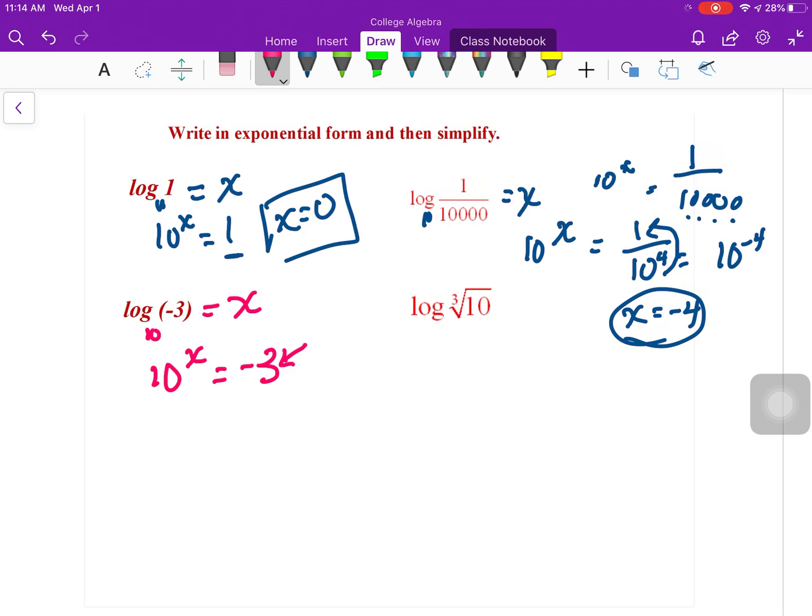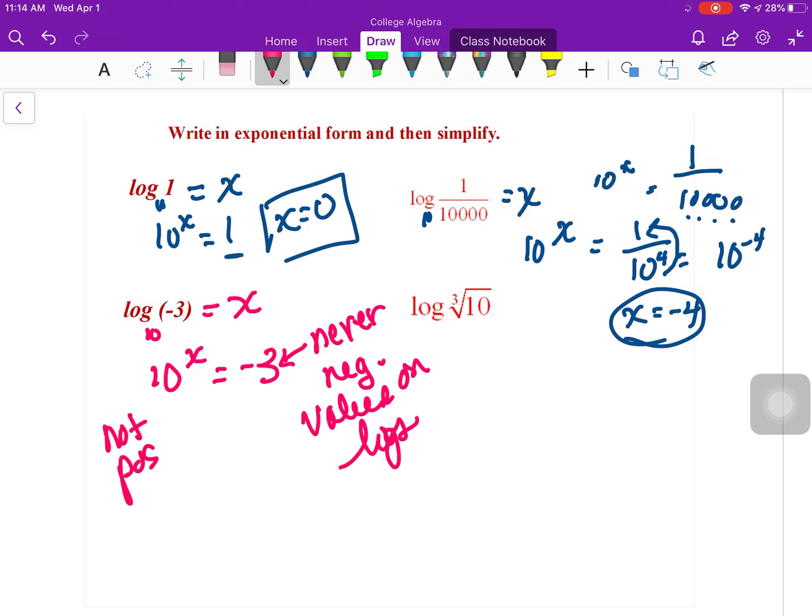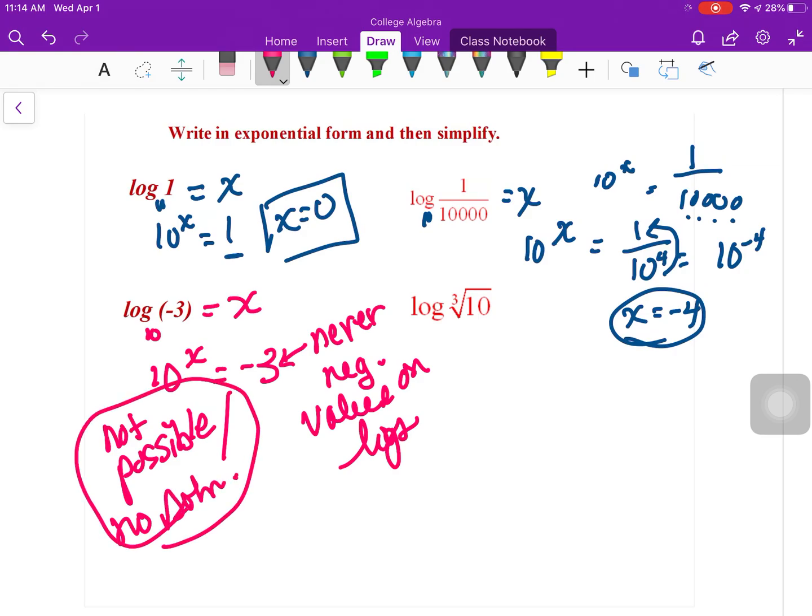They never go negative. Never negative. So this is not possible. No solution. Never a negative value on a log.